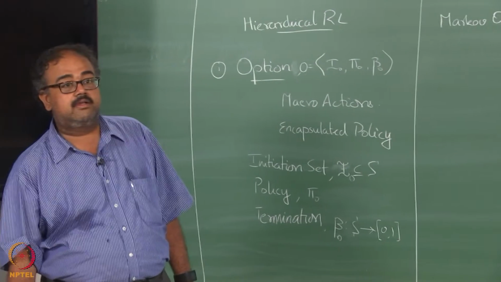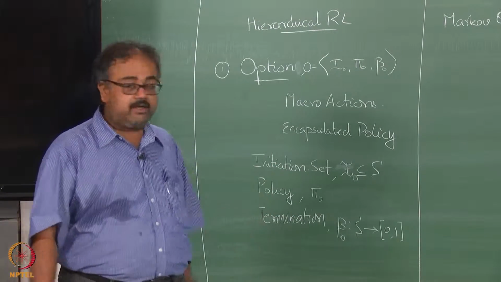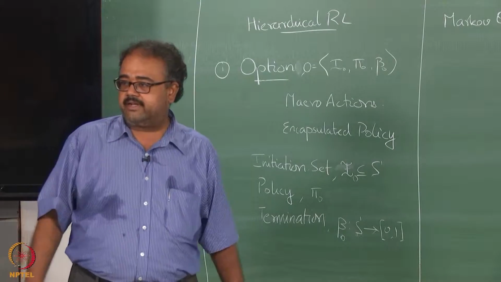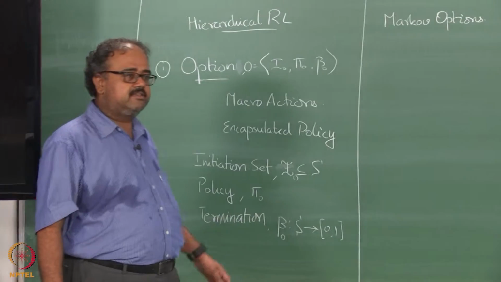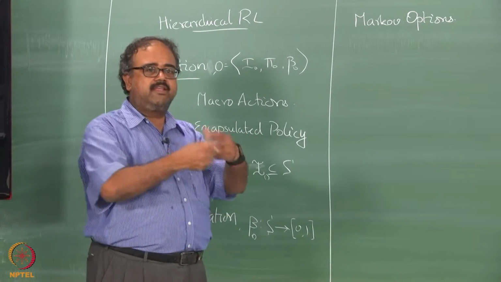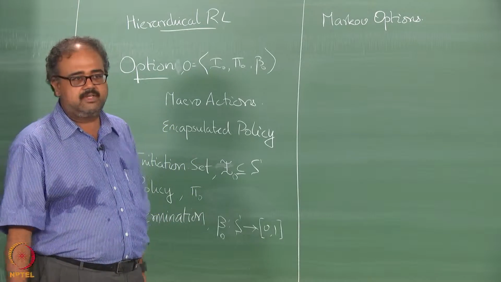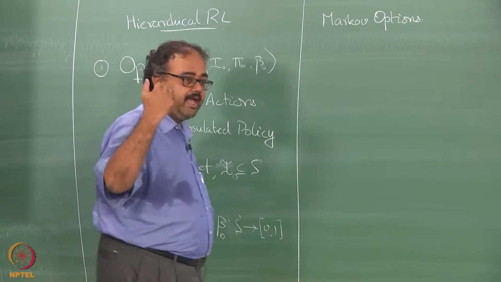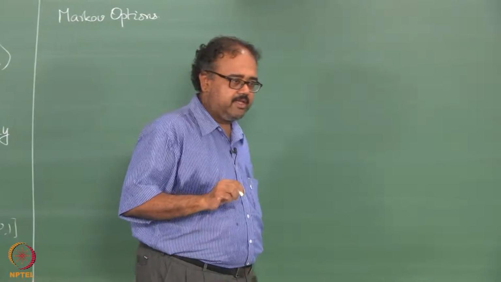Exactly, pi naught is defined only on the current state. So these are Markov options. The nice thing about Markov options is I don't have to worry about where I started the option. Wherever it is, it will be the same action. So if I am in a particular state and I am executing that option, then I will take the same action.